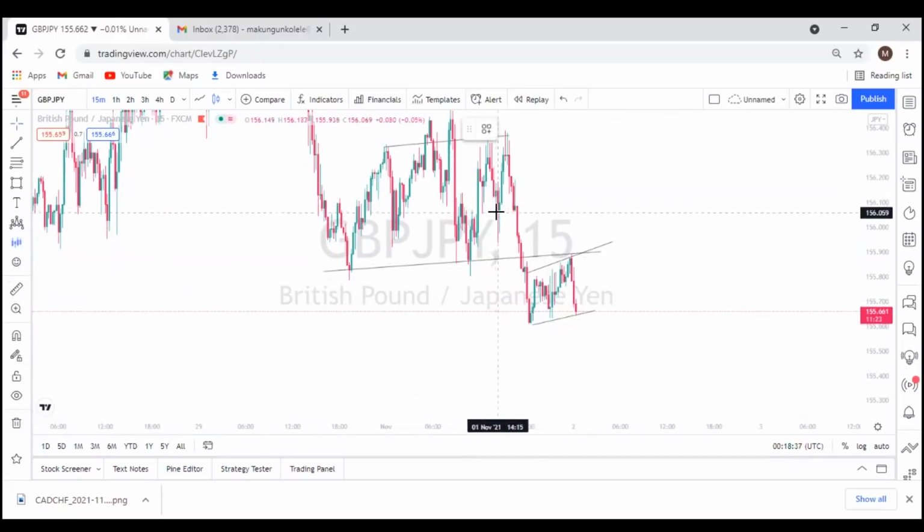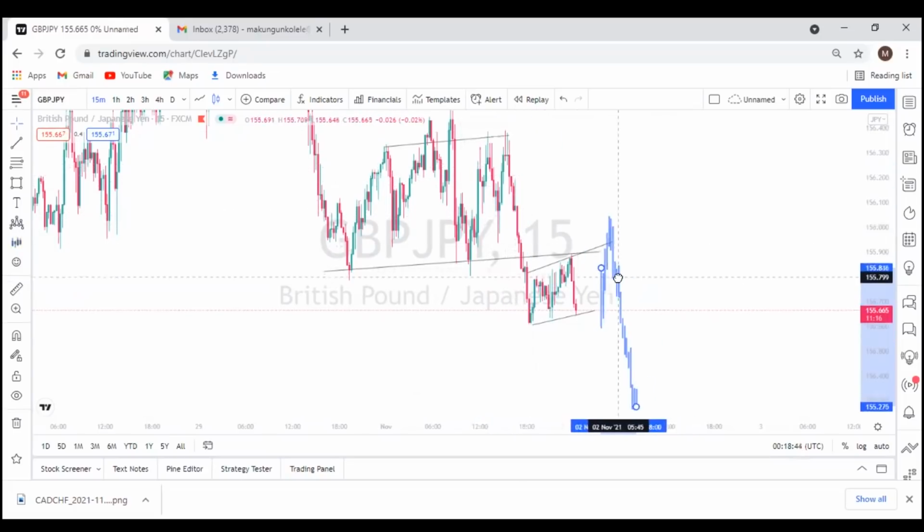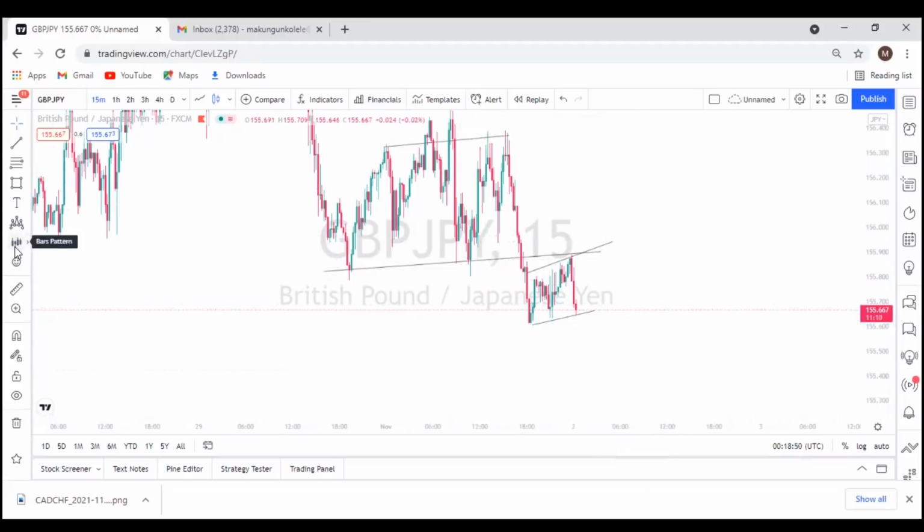enter. So right now we're just waiting for the market to complete this flag, so we can take our trade. Let me just illustrate how it's gonna move.